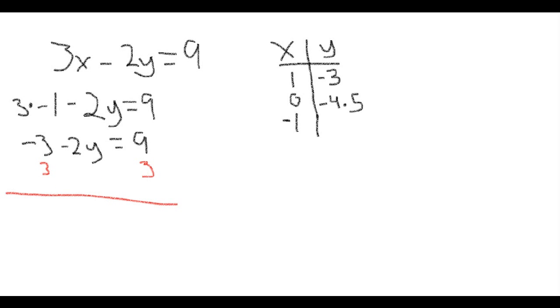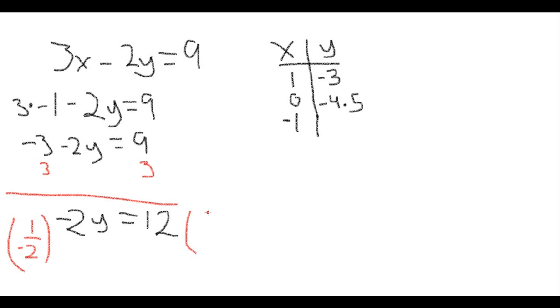We just have to add 3 to both sides. Add positive 3 here. Add positive 3 here. And we're left with negative 2y equals 12.